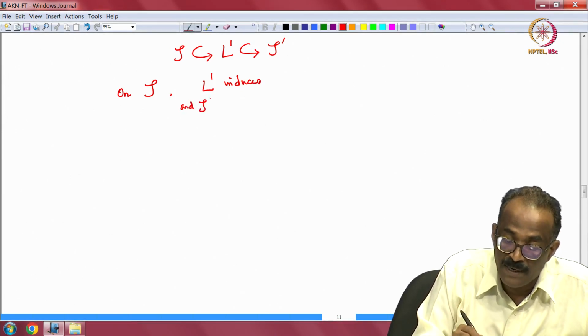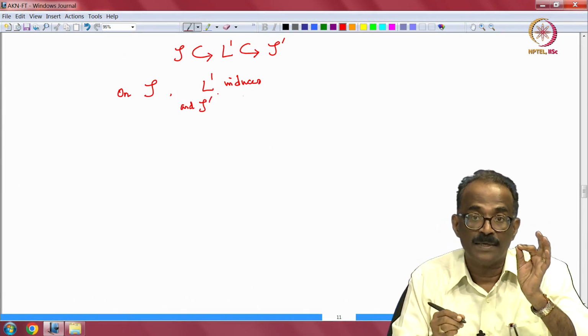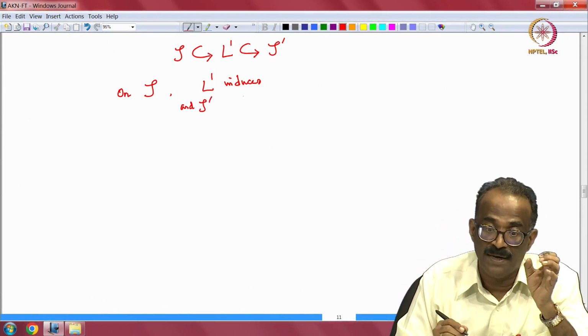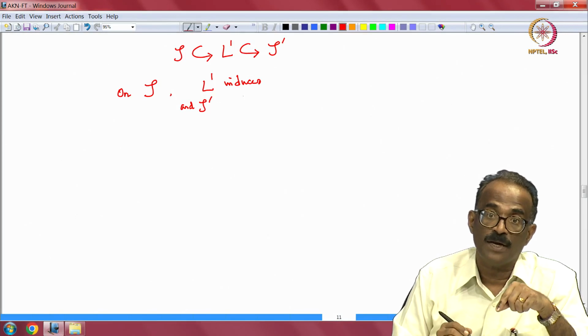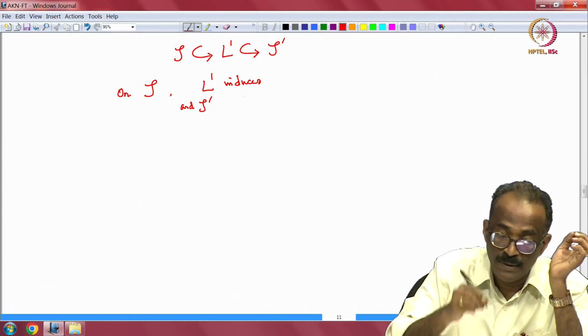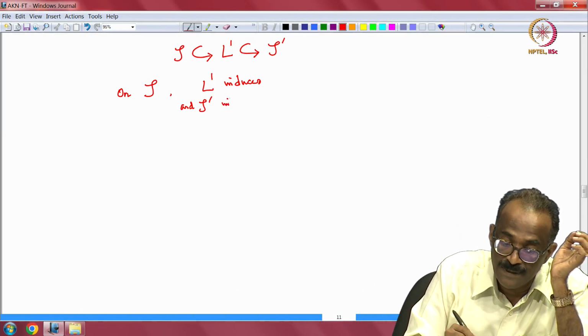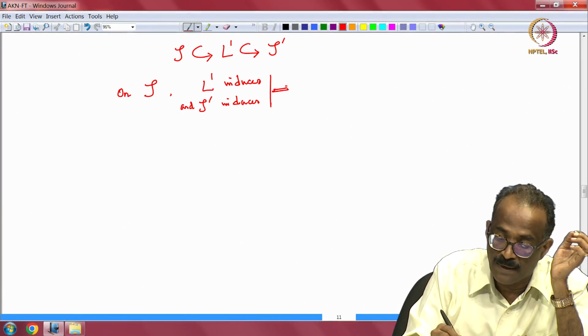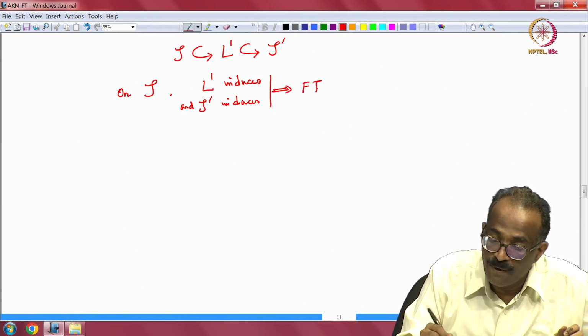So, you have defined the Fourier transform for L1 functions in one way. You also define now the Fourier transform using the distribution concept. So, both induce a distribution Fourier transform on zeta.